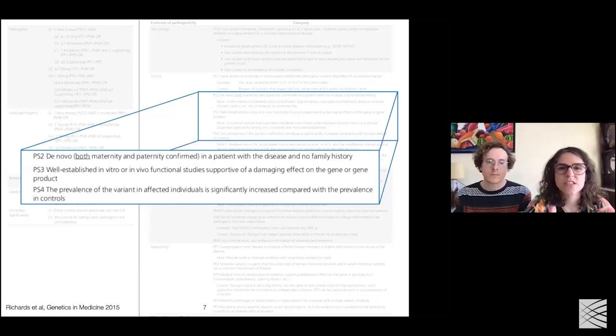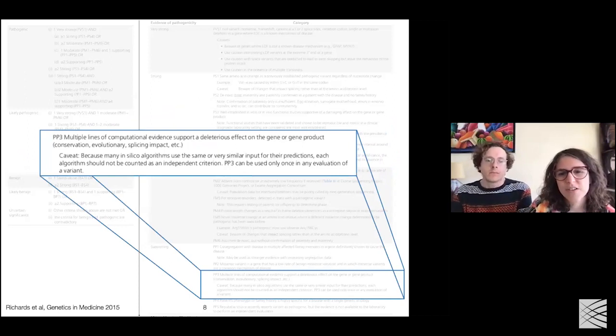All three of these sources of evidence are considered strong in these guidelines. What is interesting is that all the way at the bottom, as the very lowest level of evidence, we find computational evidence. Not only that, but computational evidence is seen here as multiple lines of computational evidence.